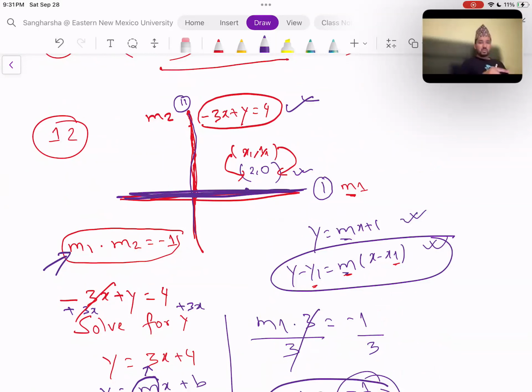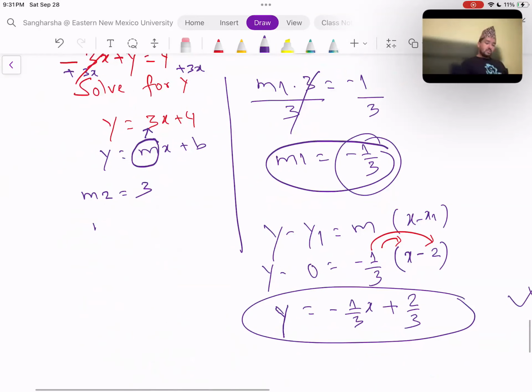So make sure you know this problem. Okay, now does anyone have a question for this problem? You're going to have this type of question on your exam too. Does anyone have a question? Okay, now let's go to the next one.